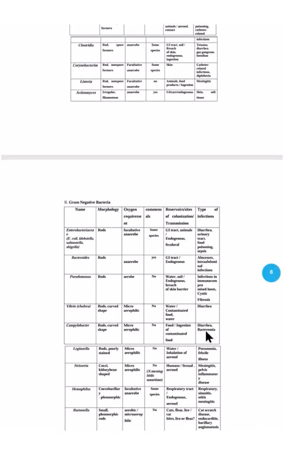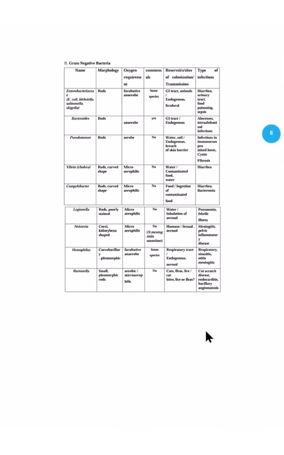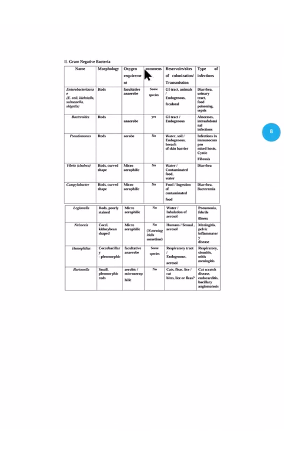Also, you have another table for gram-negative bacteria. For example, if we take Vibrio cholerae, because this is very common now in Sudan after the war, and this causes cholera. It is rods but curved in shape, and this is microaerophilic for oxygen requirement.